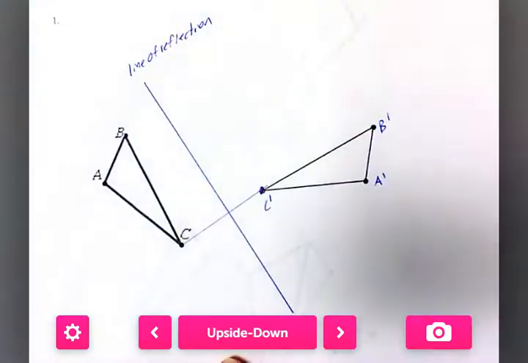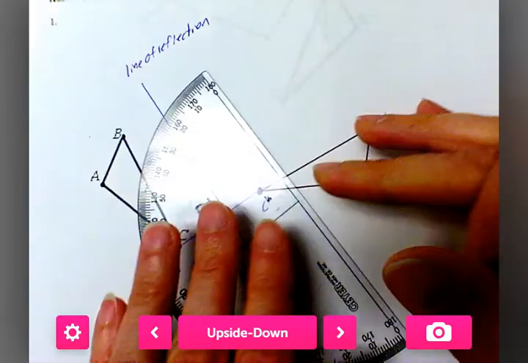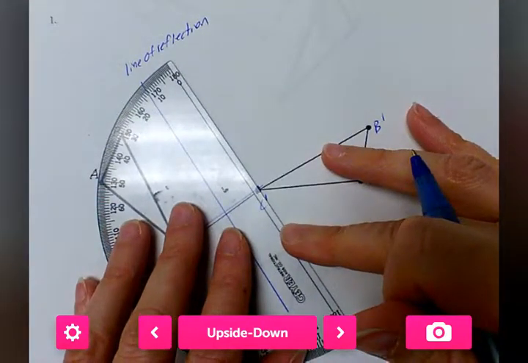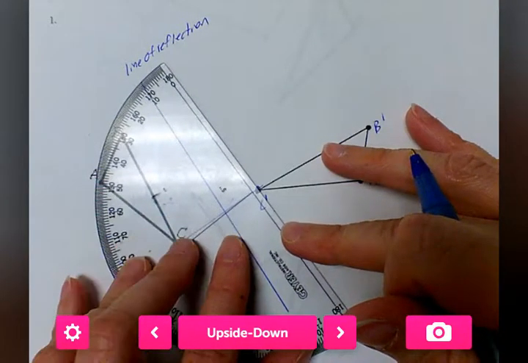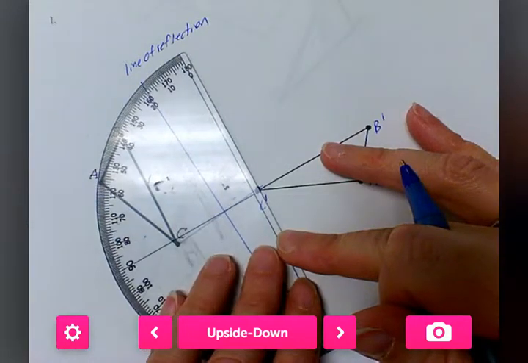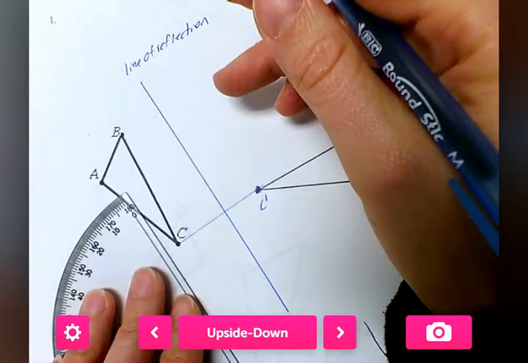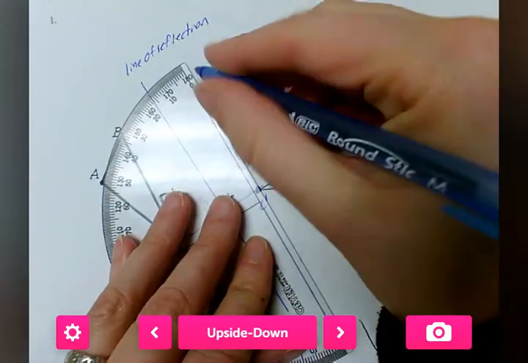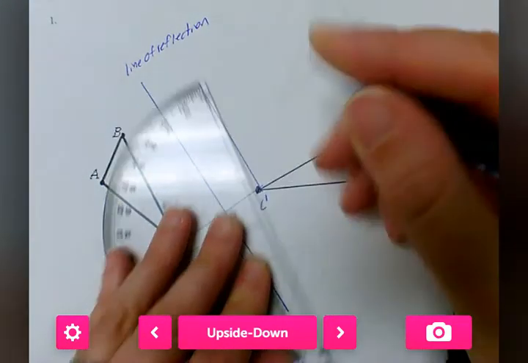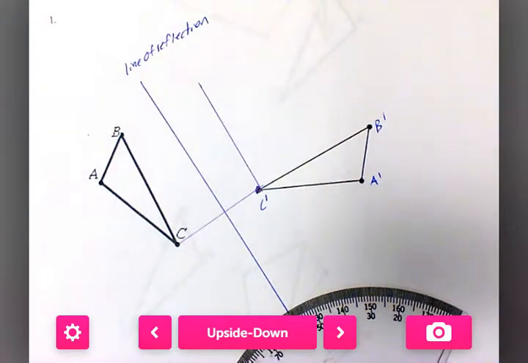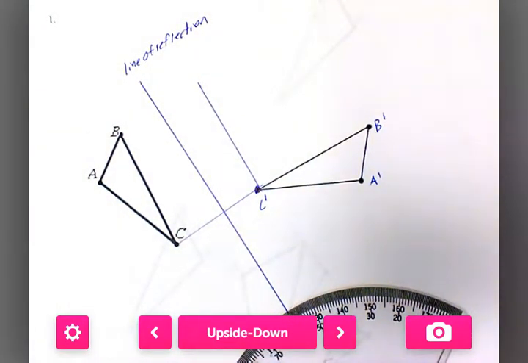If I'm reflecting this, I need to create this exactly the same on this side. You could use patty paper to do it, but I like a mirror for this because I think it's easier to see.